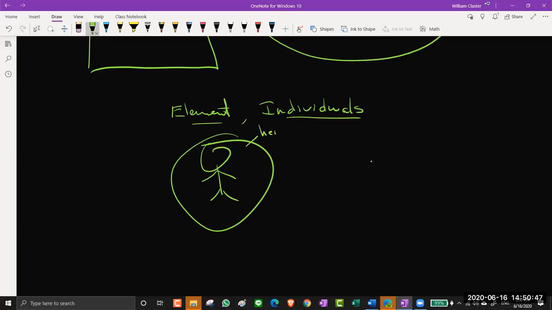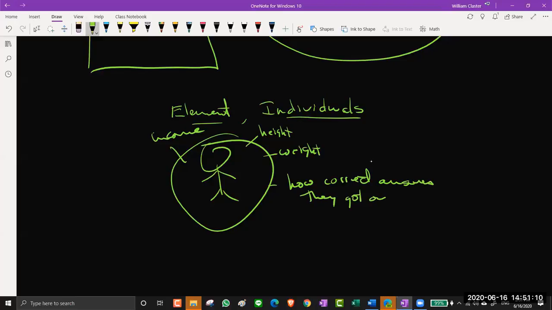Their height, their weight, their monthly income, for example, and how many correct answers they got on some test. That's another possibility of what we could measure.